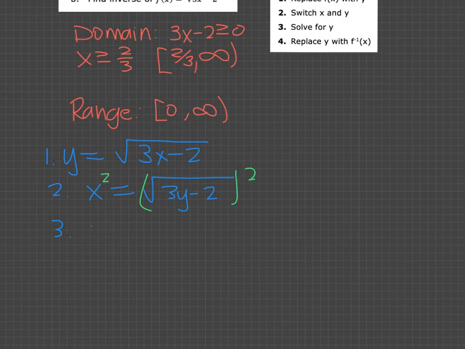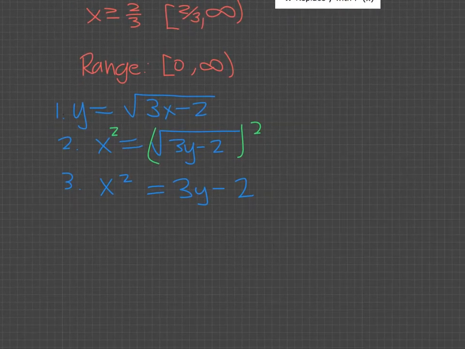So we end up with x squared equals 3y minus 2. And then we're going to have 3y equals x squared plus 2, and y equals 1/3 x squared plus 2/3.